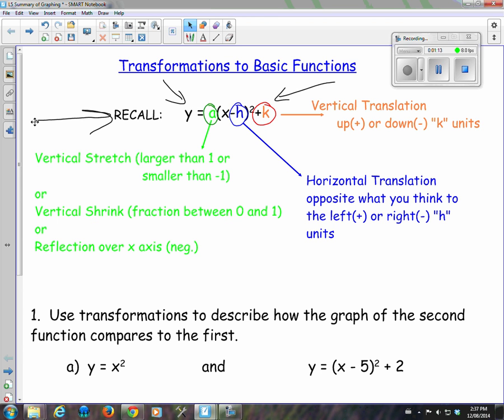So for example, a, if you have a number in front of the x squared, 2 things will happen. You will either stretch or shrink. If the number is bigger than 1 or smaller than -1, so if it's not a fraction, we say that the graph stretches vertically. So it gets skinnier.